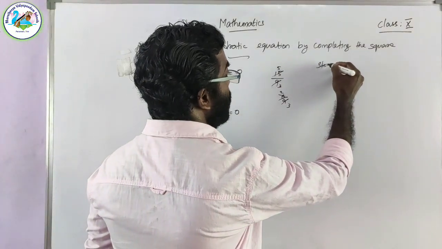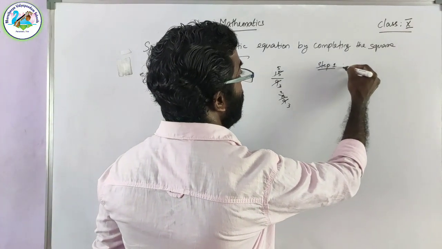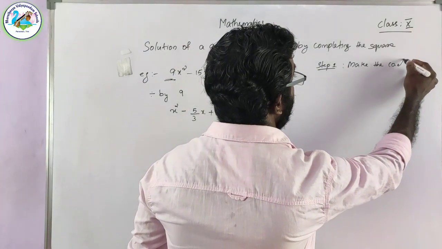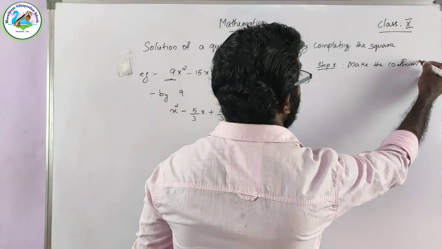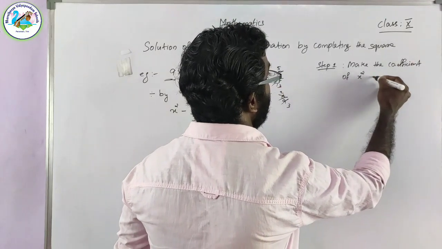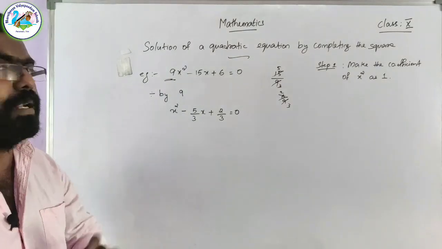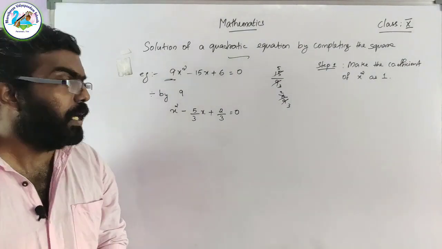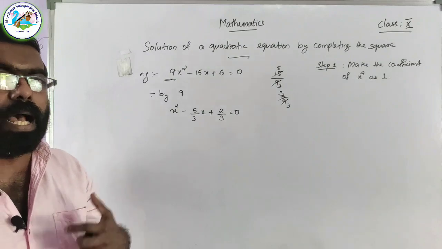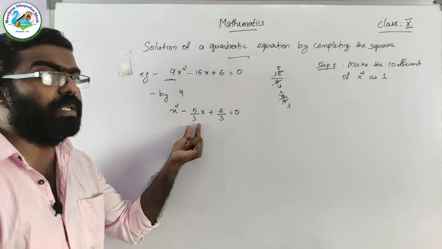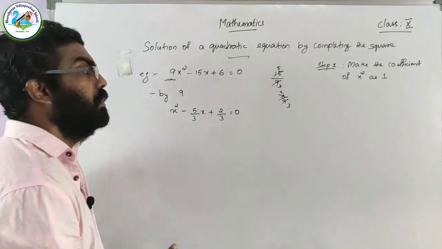So the first step is make the coefficient of x square as 1. Okay, now it is 1. Coefficient of x square is 1. And the second step is we have to add and subtract half into coefficient of x the whole square.